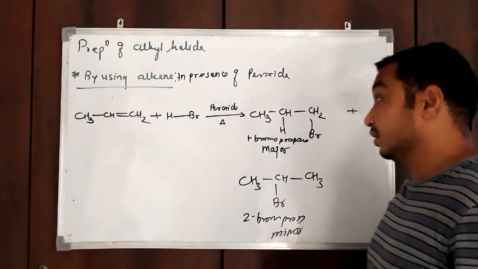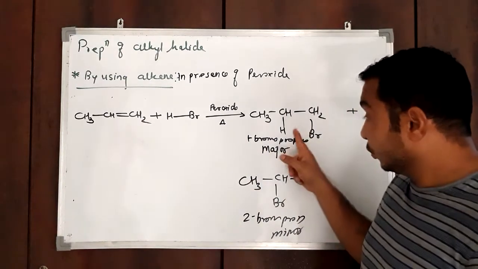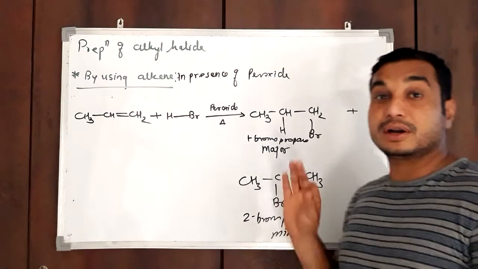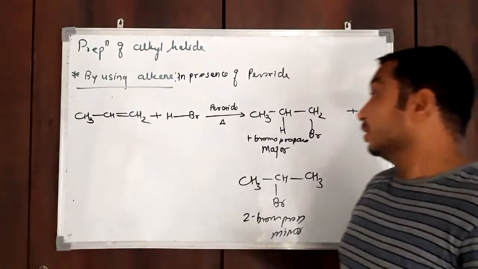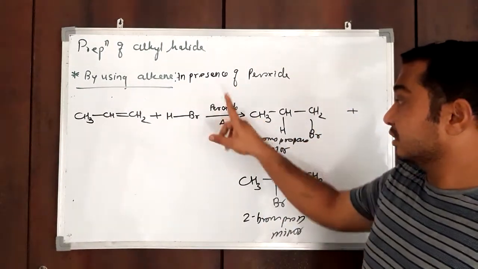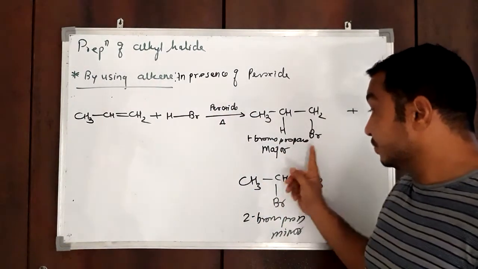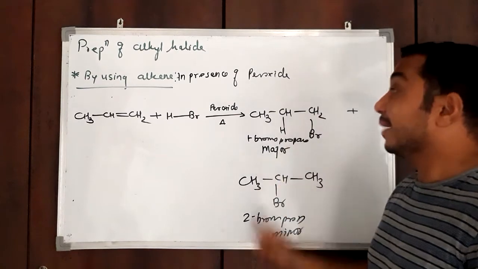In the last reaction, 1 bromopropane was the minor product and 2 bromopropane was the major product as per Markovnikov's rule. But now, in the presence of peroxide, it is reversed. 1 bromopropane is the major product and 2 bromopropane is the minor product.